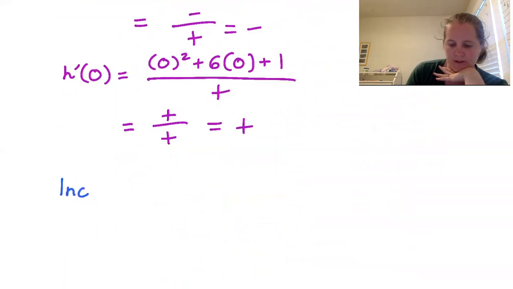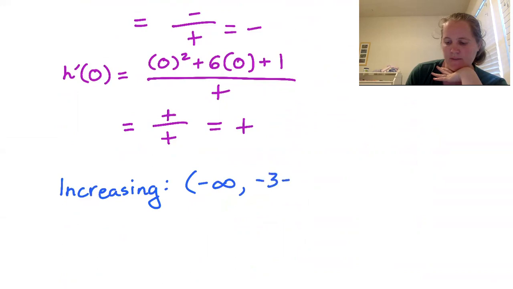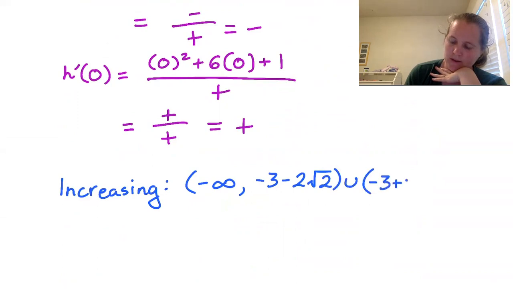So we're increasing from negative infinity to negative 3 minus 2 root 2. And then from negative 3 plus 2 root 2, oops, on to positive infinity.